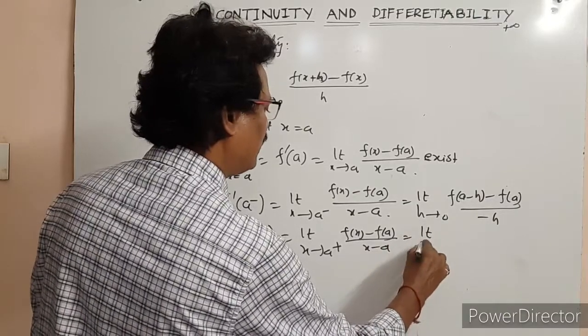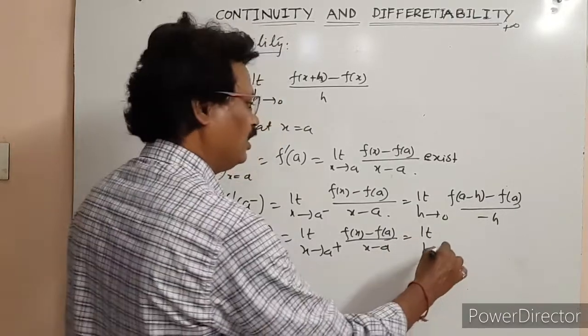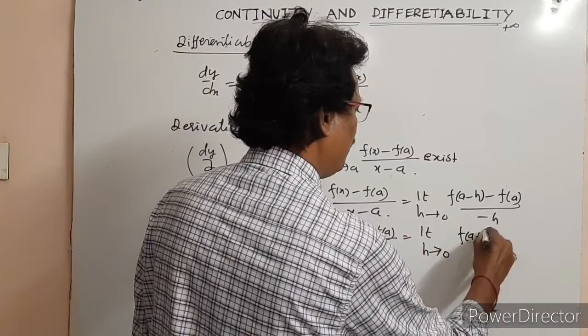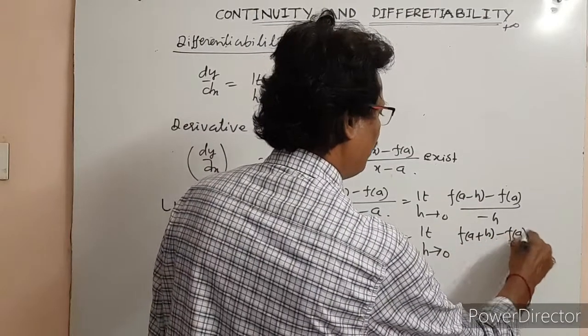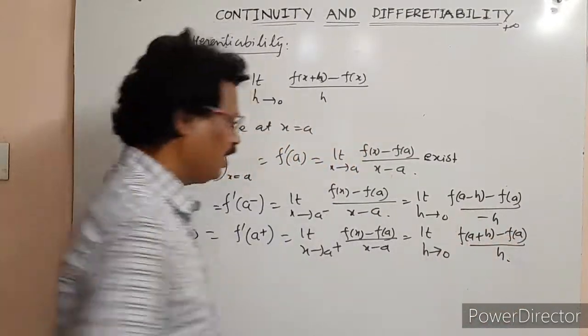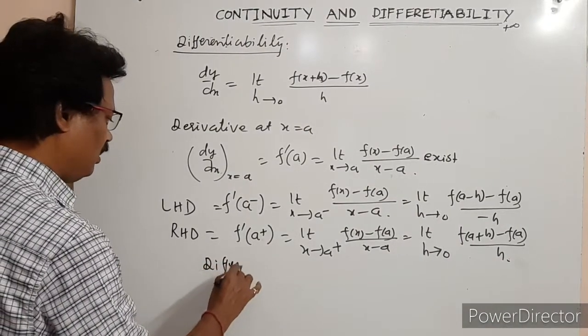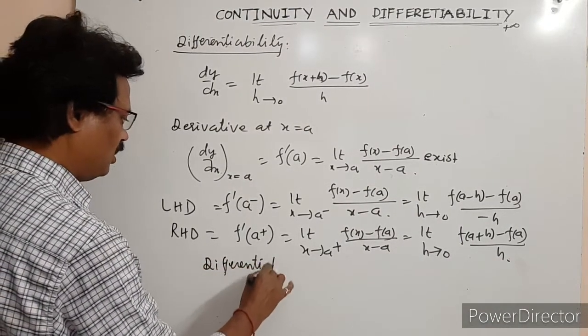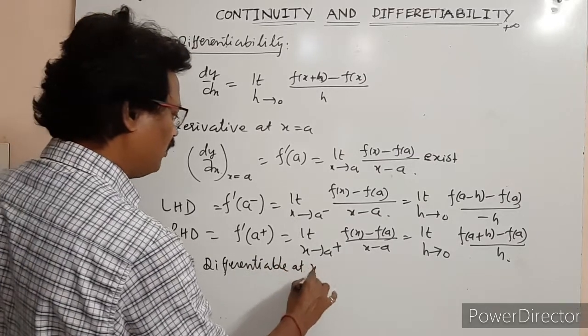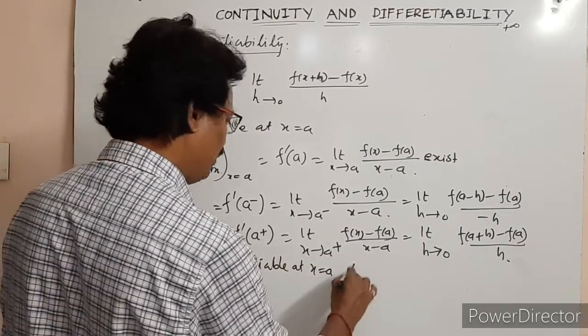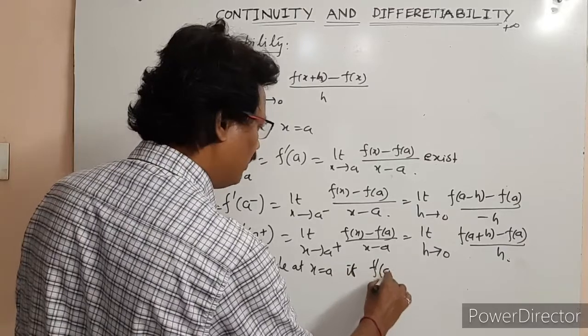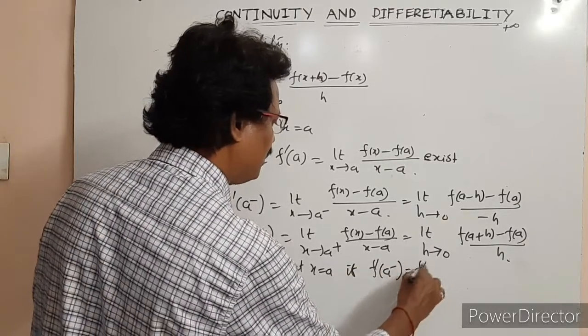This is also written in the h notation: f of a plus h minus f of a by h. Therefore differentiable at x equal to a if left hand derivative is equal to right hand derivative.